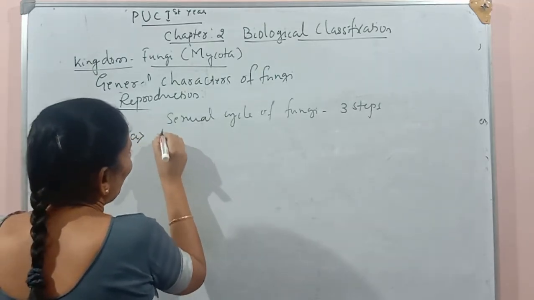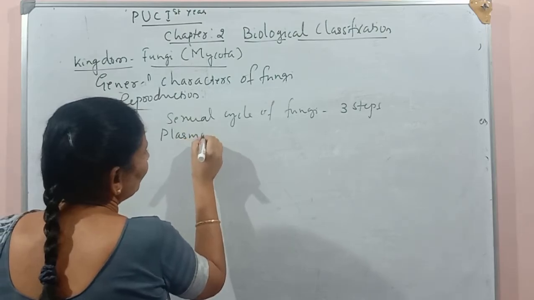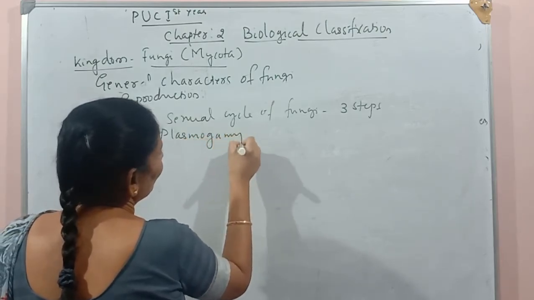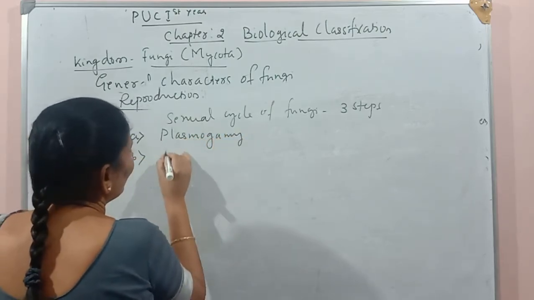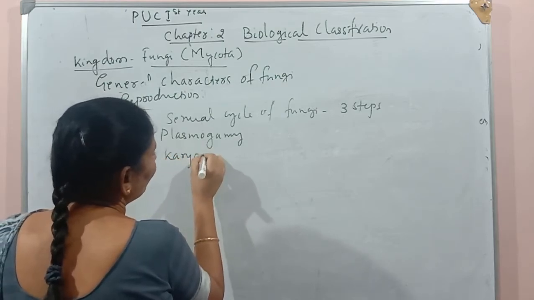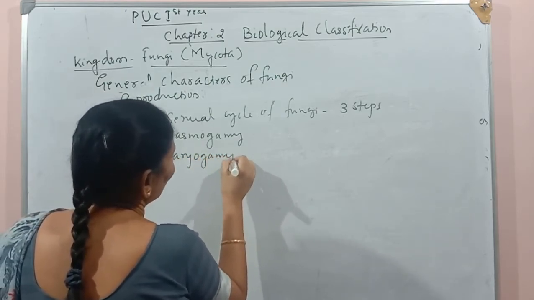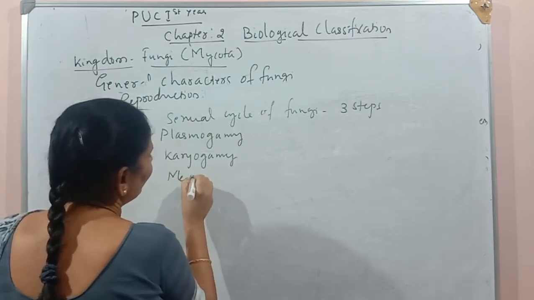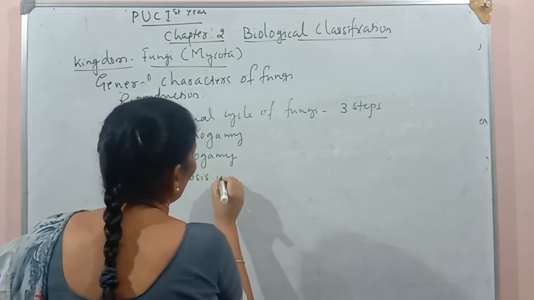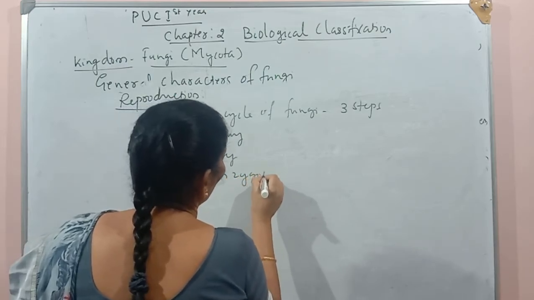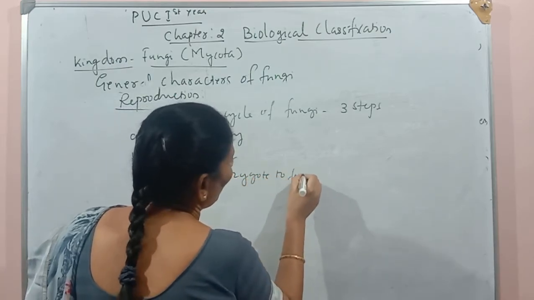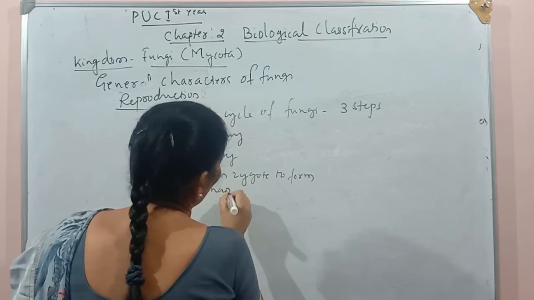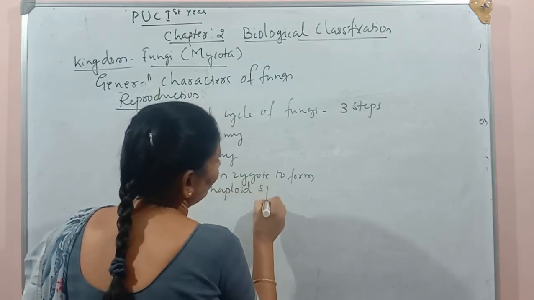First one is plasmogamy. Second one is karyogamy. And third step is meiosis in zygote to form haploid spores.